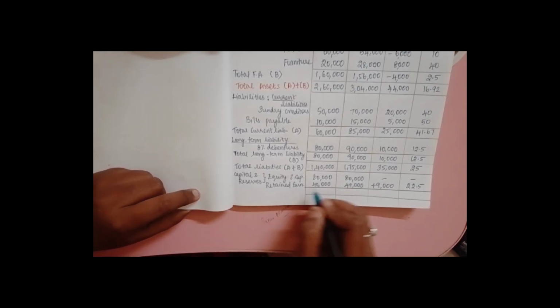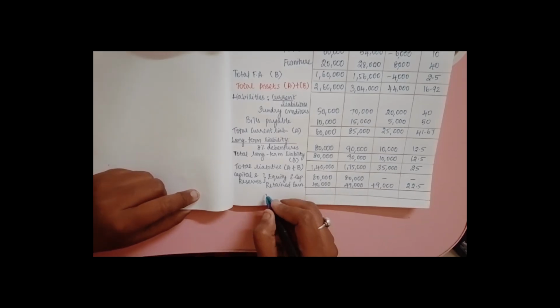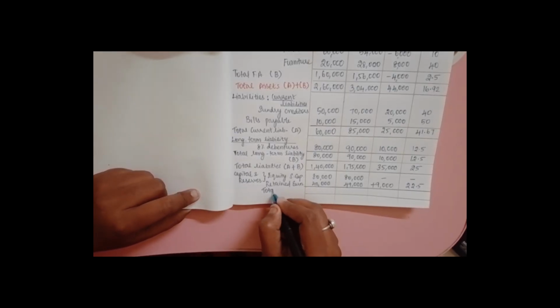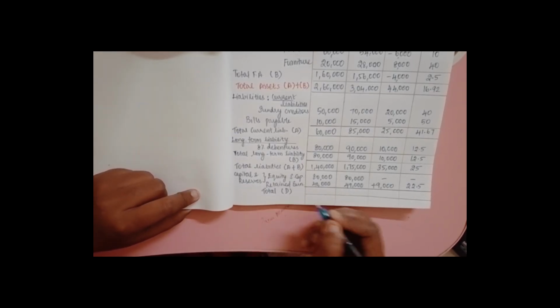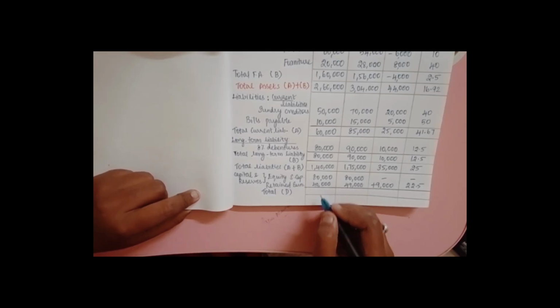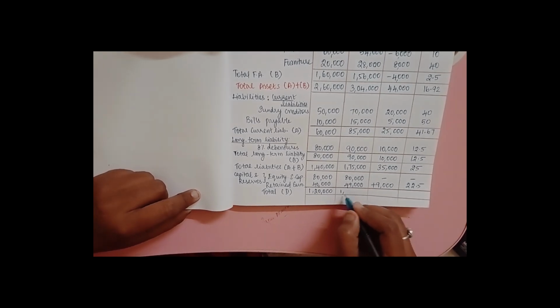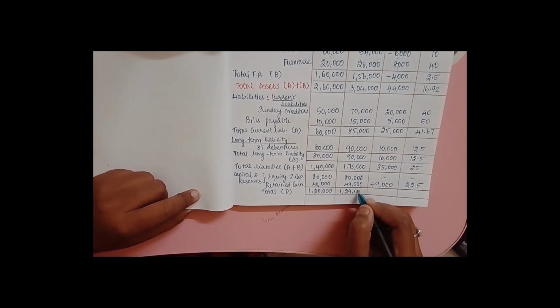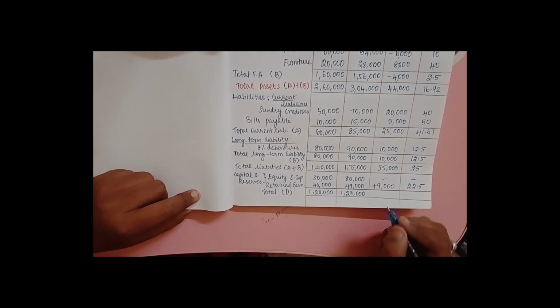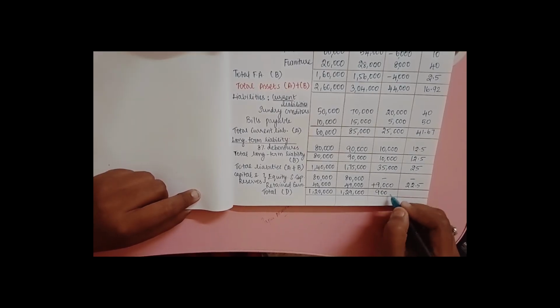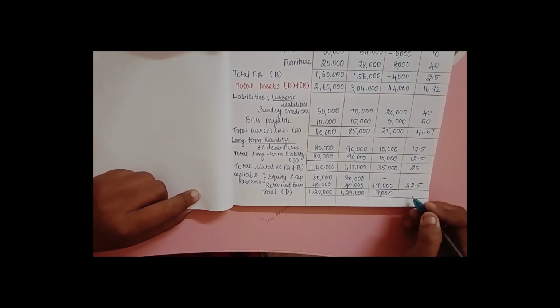Now let's sum up these two values into one total, which is D. So 80,000 plus 40,000, which is 1,20,000, and in this year it is going to be 1,29,000. So there is an increase of 9,000. So the percentage would be 7.5.